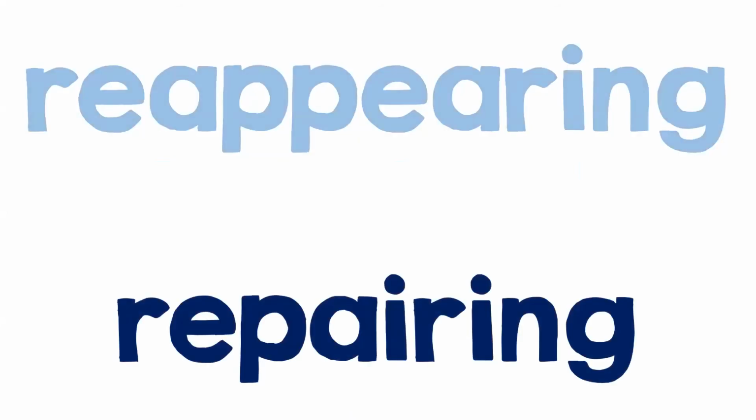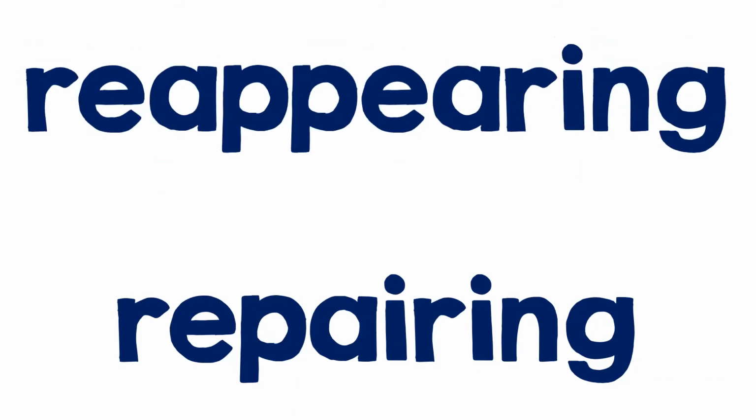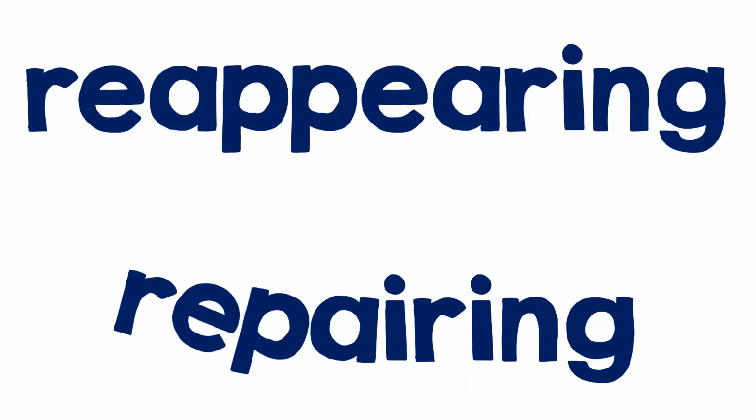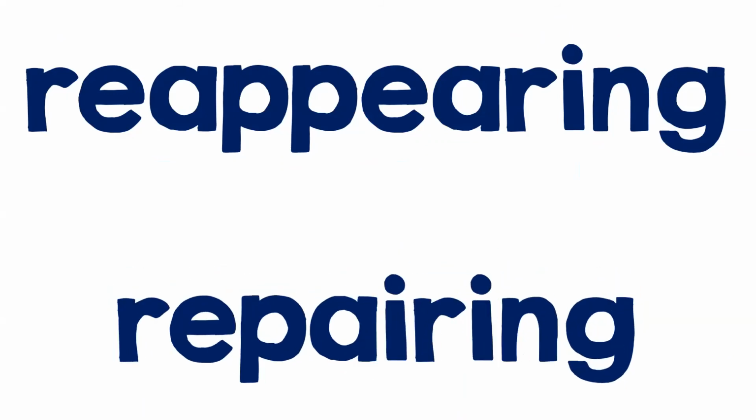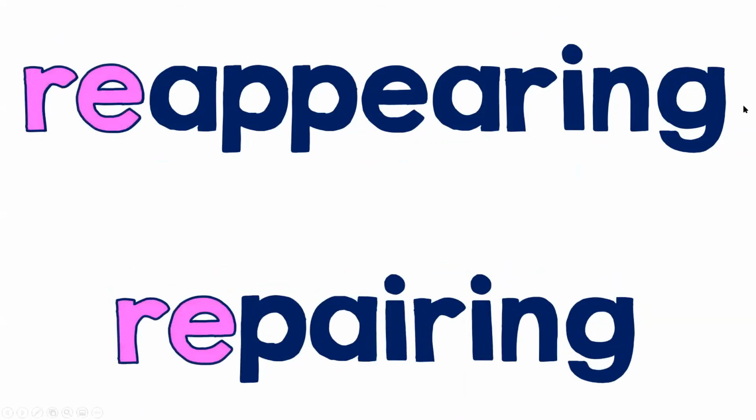That's a big word. Are you taking it like the tortoise? What's this word? The top word is reappearing. Down below is repairing. All right, this one's really tricky. See the RE prefix? Maybe that'll help you see the word appearing up top.